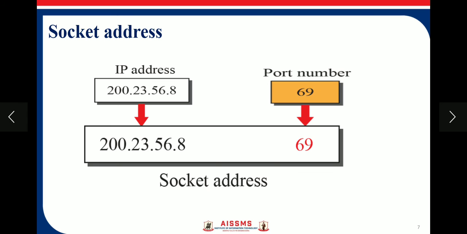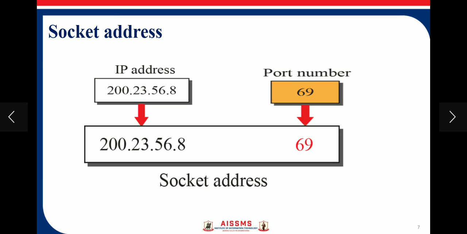The client socket address defines the client process uniquely, just as the server socket address defines the server process uniquely. To use the services of the transport layer in the internet, we need a pair of socket addresses: the client socket address and the server socket address.